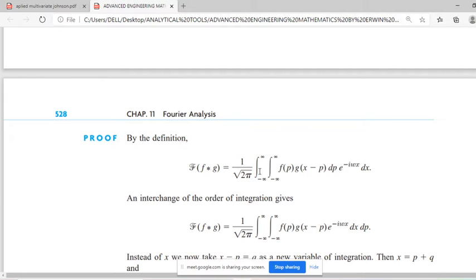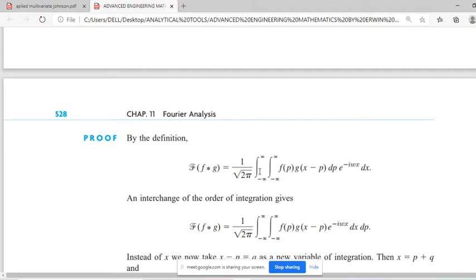So instead of f star g, we can write it as integral minus infinity to infinity f of p into g of x minus p dp. So we have substituted that convolution formula here in the Fourier transformation formula, e raised to iwx dx.